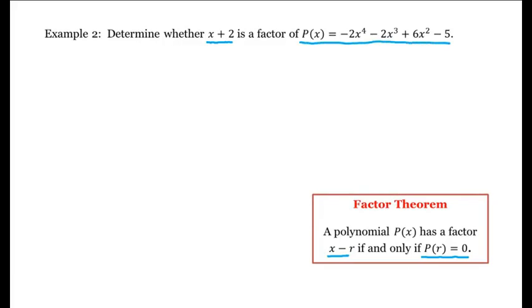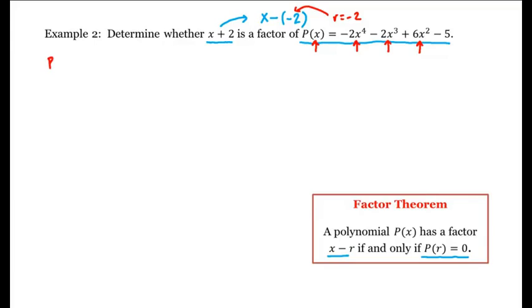But what is our r here? x plus 2 is really x minus negative 2. So be careful here, our r is negative 2. So we'll plug in negative 2 everywhere we see an x here, and if we get 0 as an answer, then yes, x plus 2 will be a factor of p.